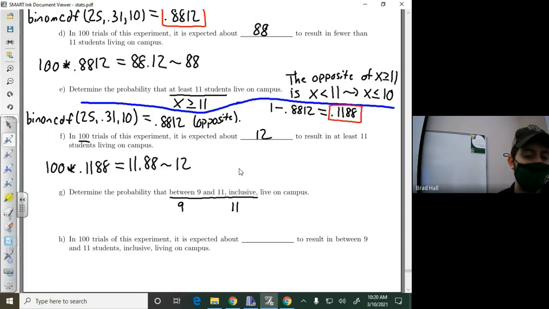There's a 9, an 11, and there's an x that's in between it. So that's what the inequality is; inclusive means that we're including them, of course.